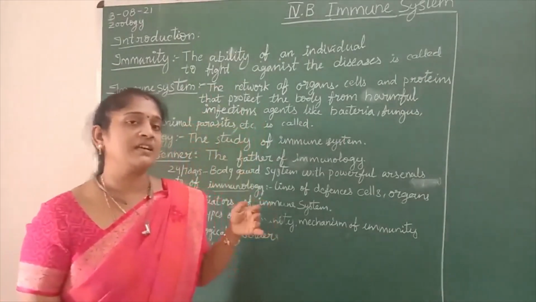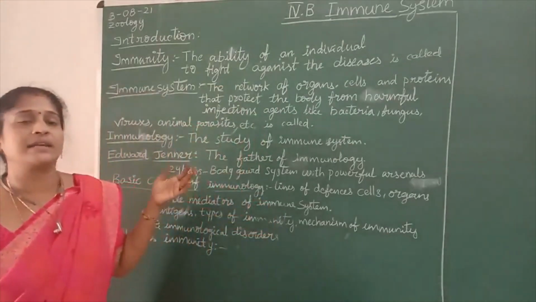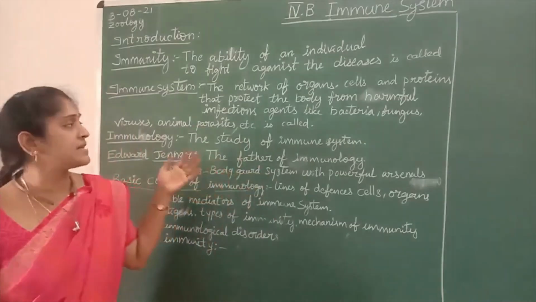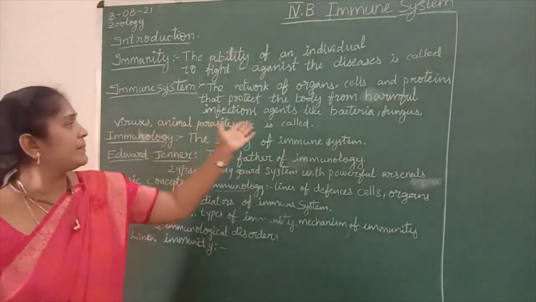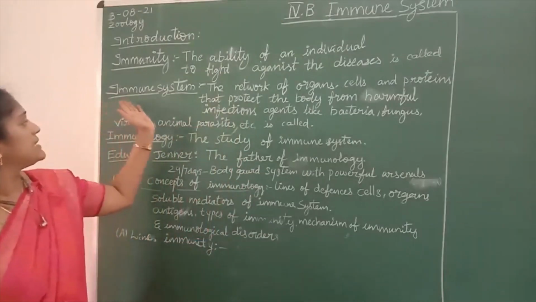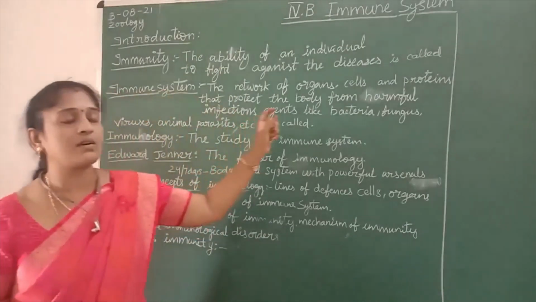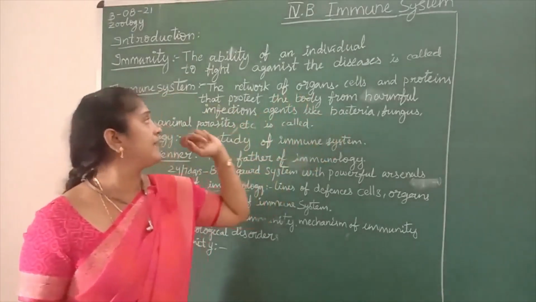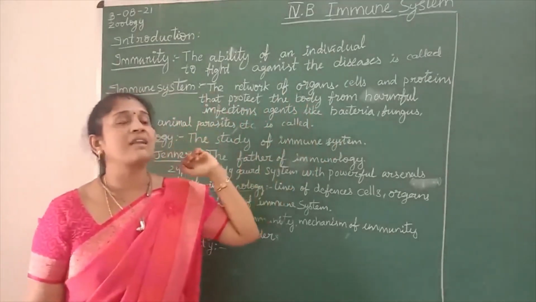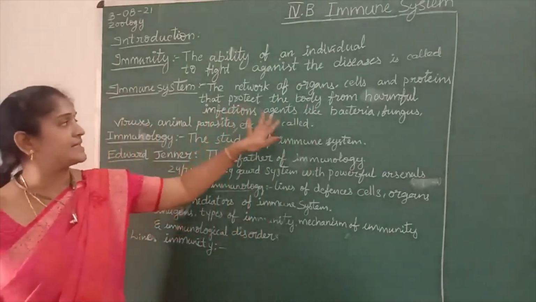Parasites, you learned in first year: endoparasites, ectoparasites, protozoans, and some other animal parasites. They are the parasites. That is called the immune system, the network of organs, cells and proteins that protect the body from the harmful infectious agents.